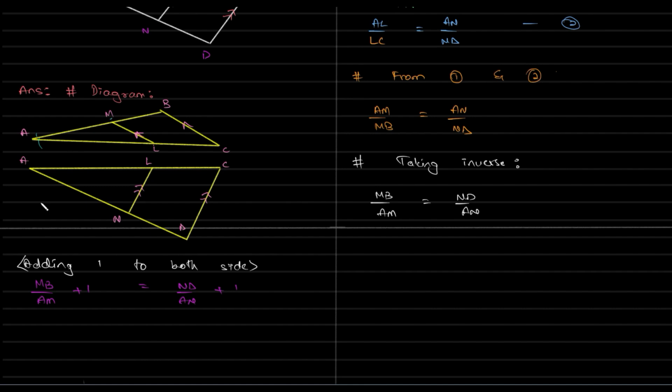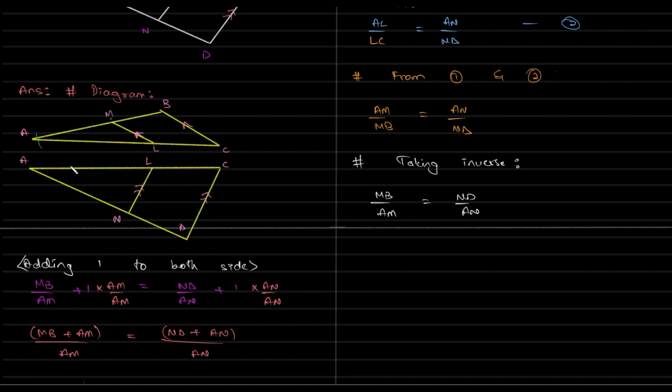Well, how does it help? We'll take the LCM. LCM will be AM. So basically this is MB plus AM by AM, right? I just took the LCM. As per the basic idea of fractions, we have to make the denominator the same by multiplying or dividing with whatever is required. And in this case, it is AN by AN. This is ND plus AN, the whole thing divided by AN.